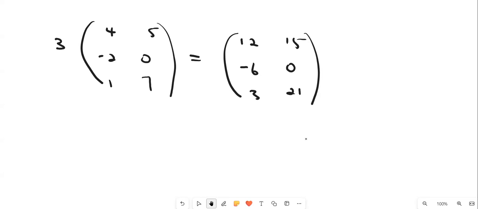So let's go to matrix multiplication, where you have two matrices to multiply. It's not a number in front of some matrix, which is so simple. You have some matrix multiplied by another matrix.